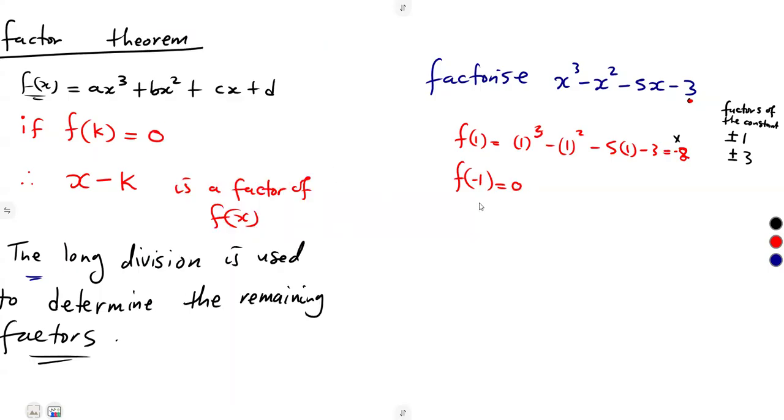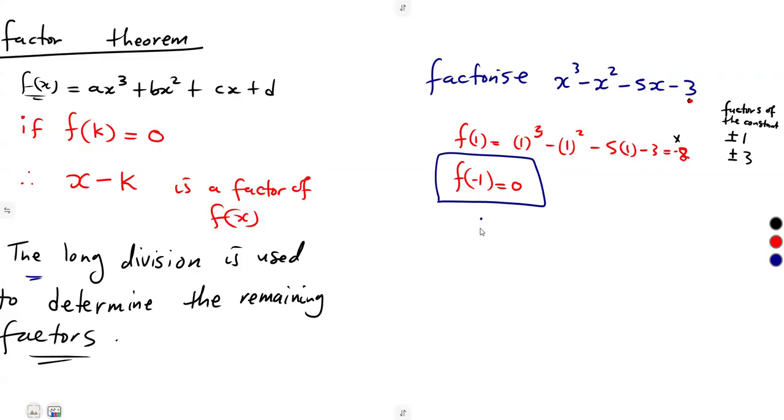So as we can see, guys, when you substitute -1, you are obtaining a 0. So instead of trying 3, -3, this and that, use the first value that you're obtaining that is giving you a 0, this one, because we're saying if f of k is equal to 0, therefore x minus k is a factor.